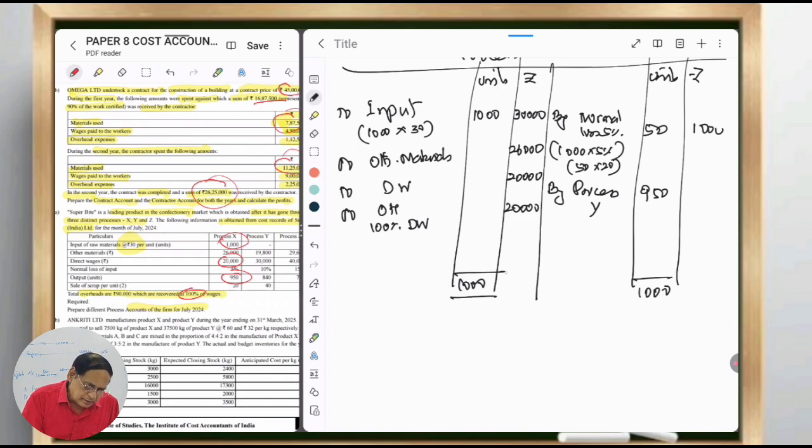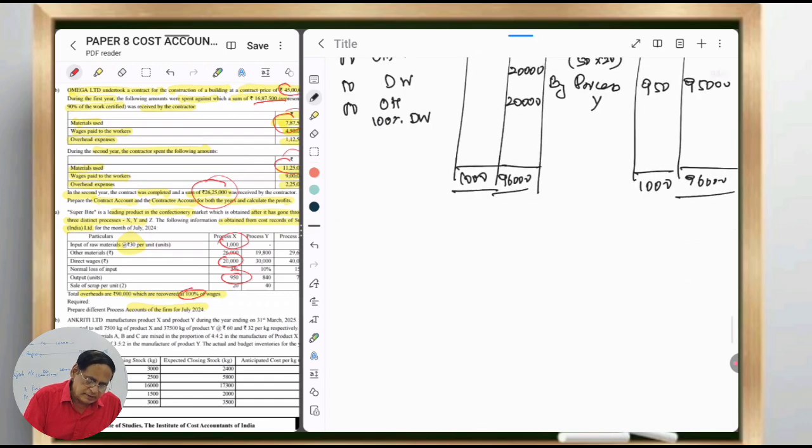The total cost, please find out how much. 30,000 plus 26,000 plus 20,000 plus 20,000, so 96,000. Just balance it, minus 1,000, that is 95,000. So the finished goods transferred to process Y, 950 units, the cost is 95,000.